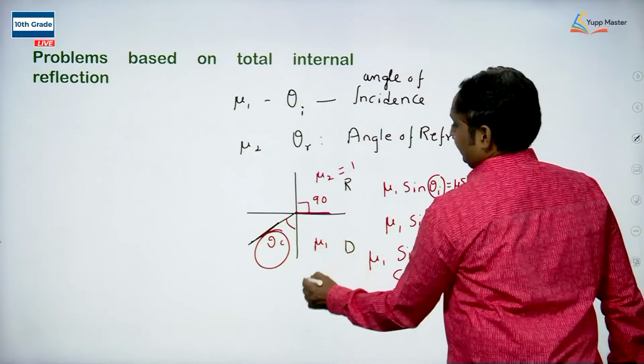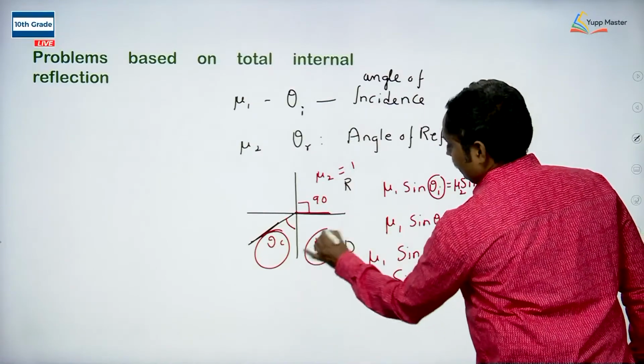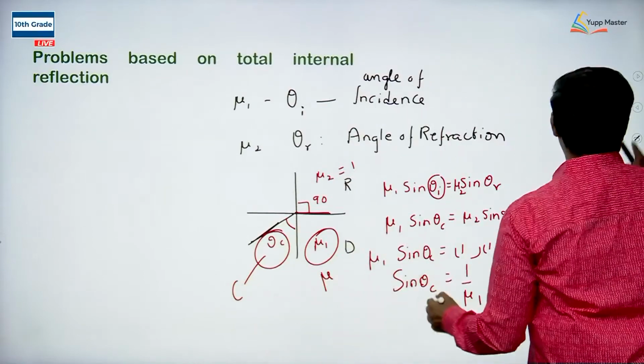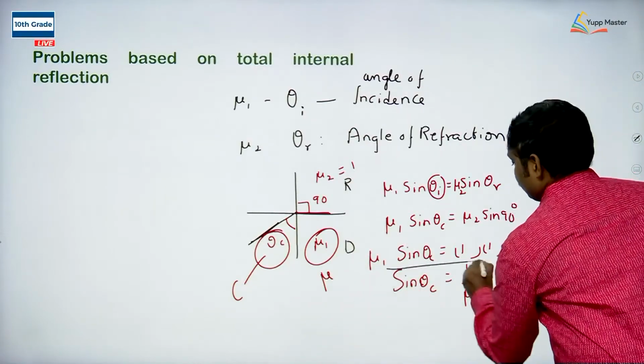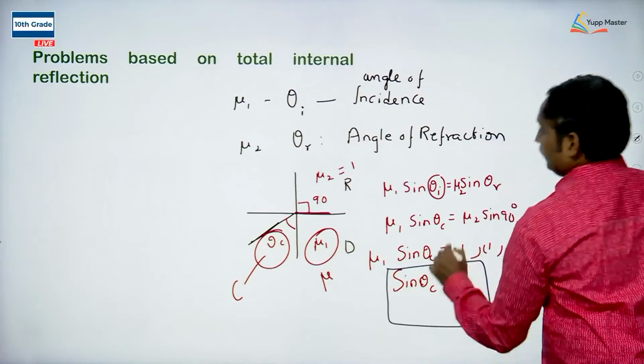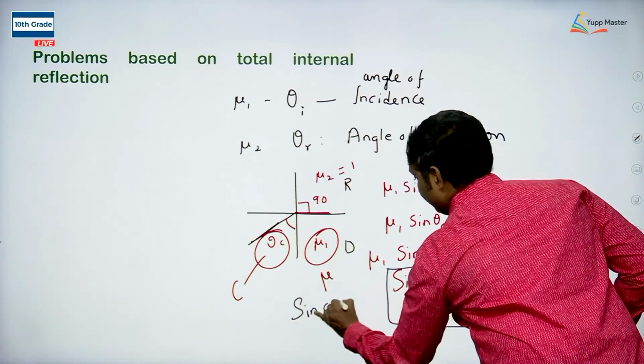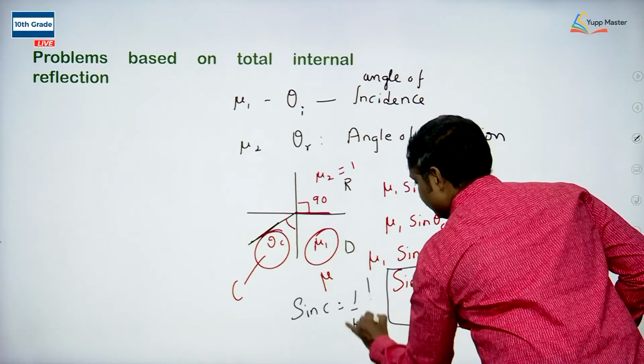The refractive index is known as mu, and the critical angle is c. The generalized expression of this equation is sin c is equal to 1 by mu.